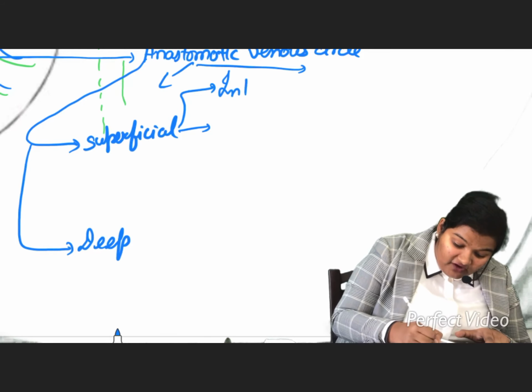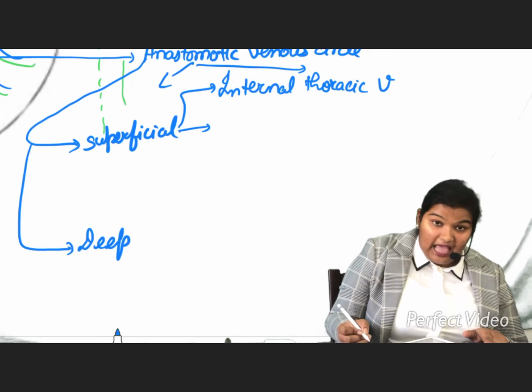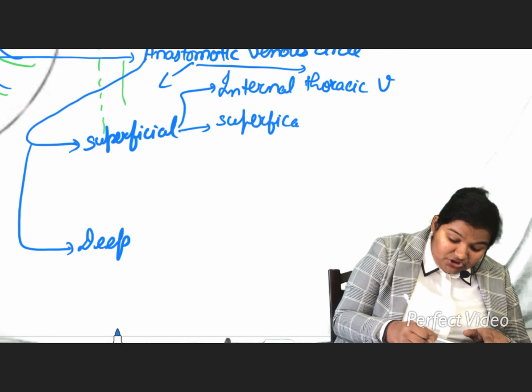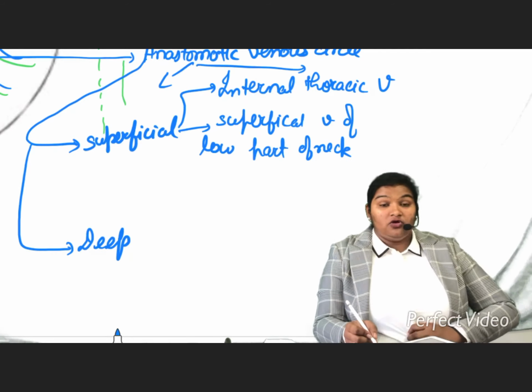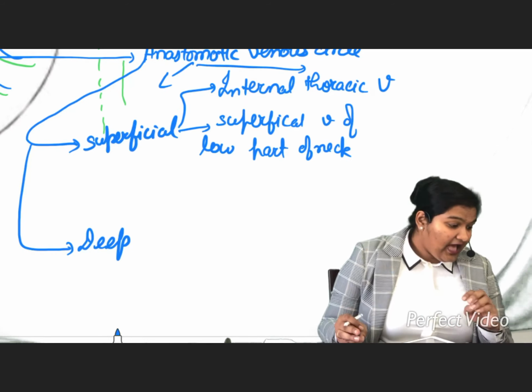So we have internal thoracic vein, and then we have the superficial vein of lower part of neck.